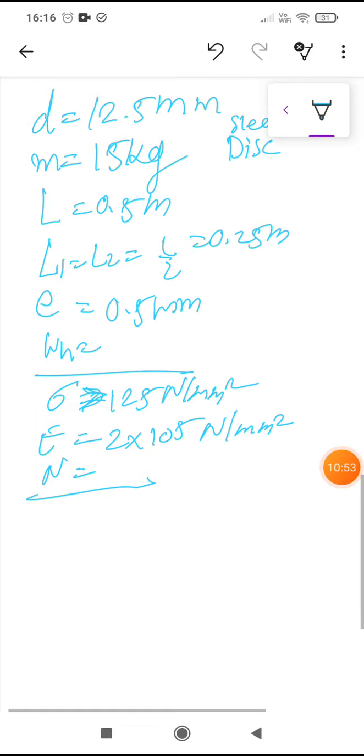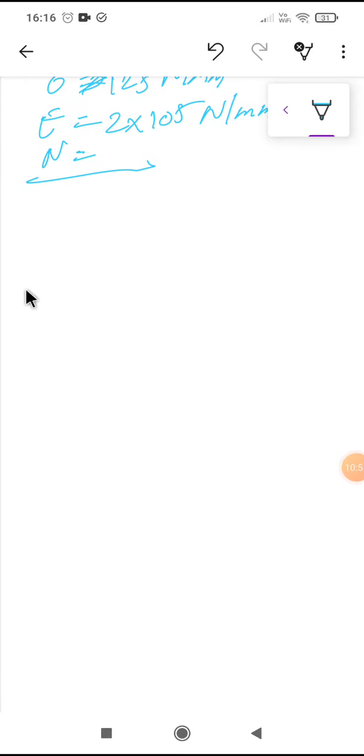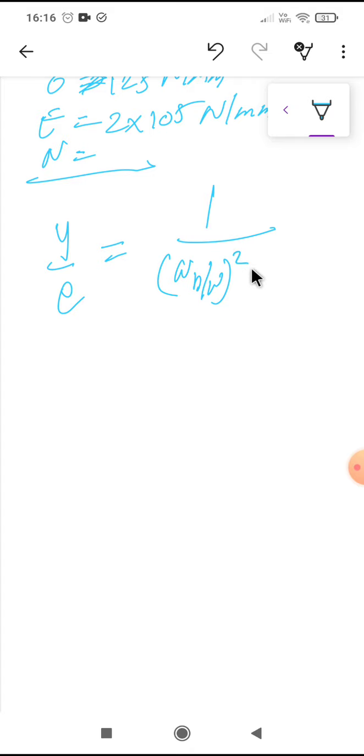Now here we will use the formula for critical speed of the shaft. That is y by e is equal to 1 divided by omega n divided by omega whole square minus 1. So this is the formula for critical speed of the shaft. Here we are interested in finding omega n.